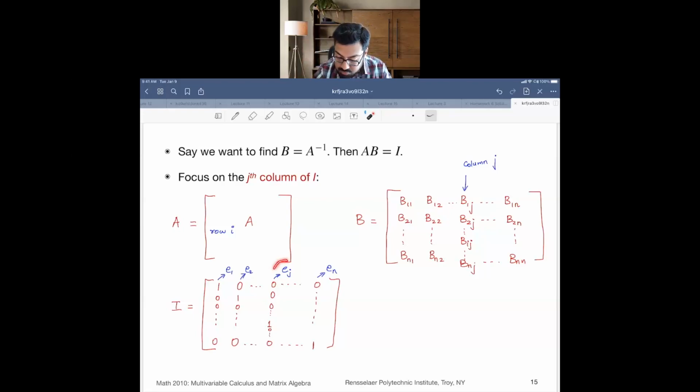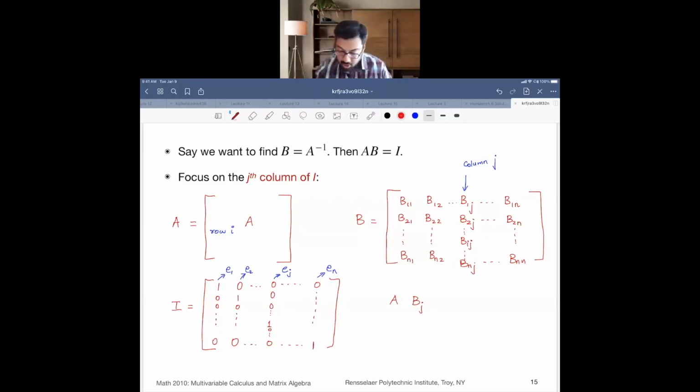So the way you get this particular column Ej is going to be the matrix A multiplied by the column j of matrix B, right? So what we can say here is matrix A, which is the size n by n, right, multiplied by Bj.